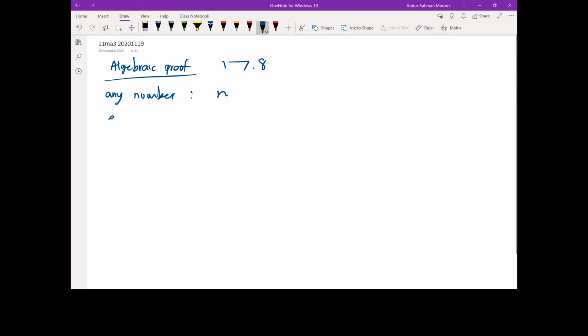Now I want to talk about an even number. Why 2n? Someone said 2n. If you multiply any number by 2, it will be an even number. Is that the case? Yeah. If you multiply anything by 2, that means 2 is a factor of it. And if 2 is a factor of a number, 2 goes into something, it must then be an even number. Also, if you look at 2n, can we factorize 2n? This is an expression.